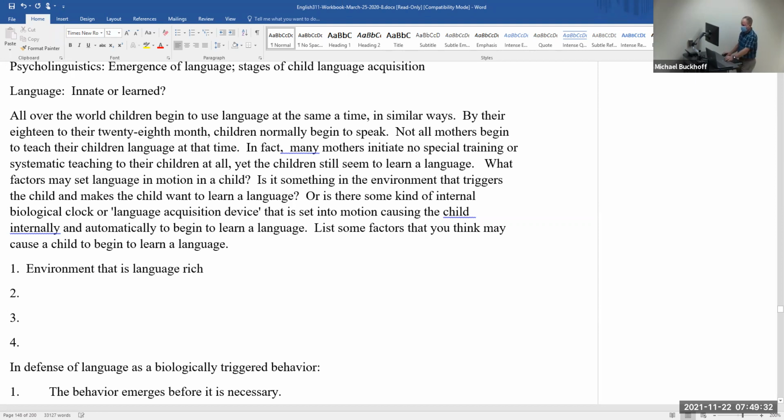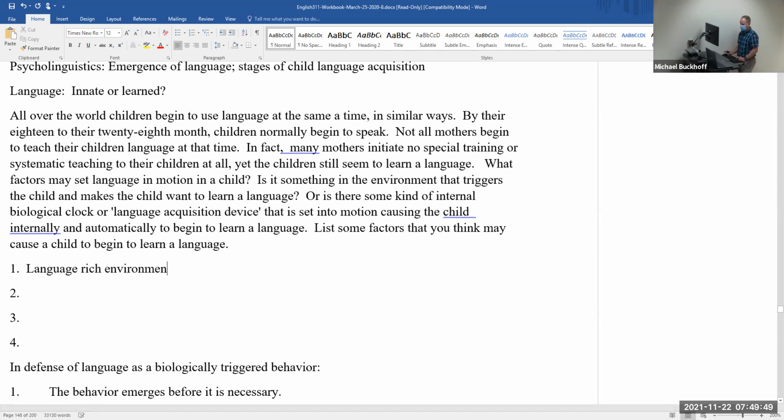Okay, we'll put that down: a language rich environment, maybe better to say it that way. Think about your observations of children. Okay, we got one there.